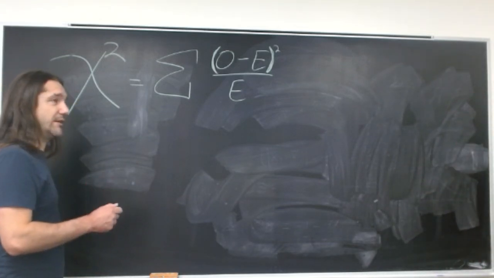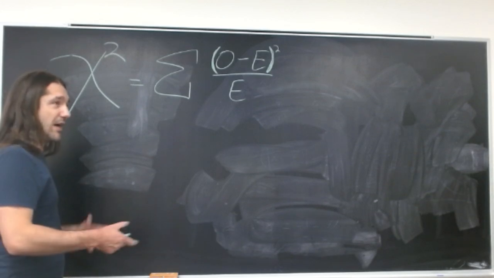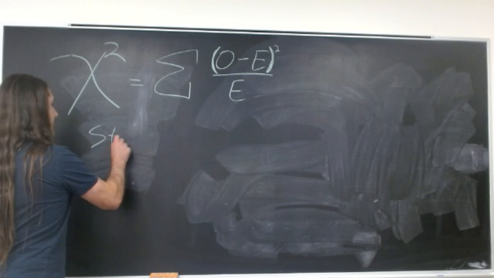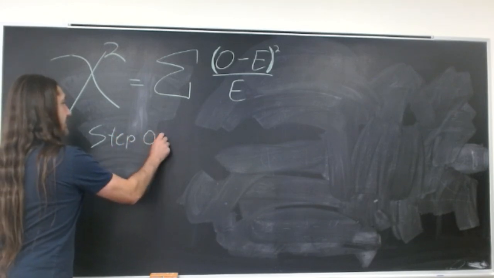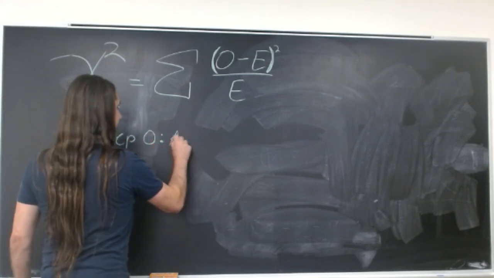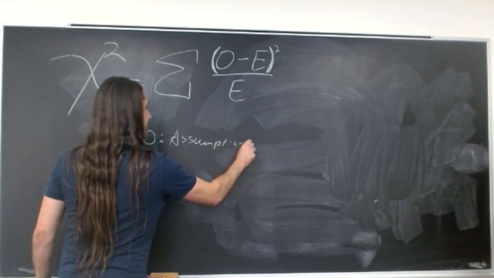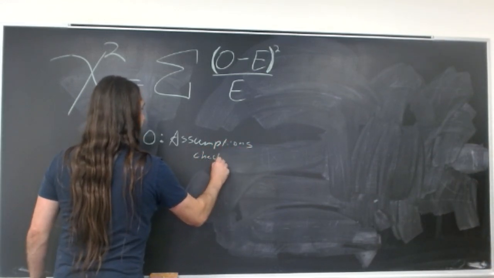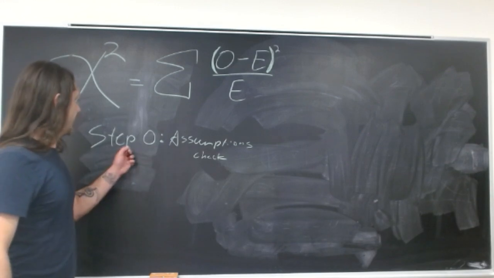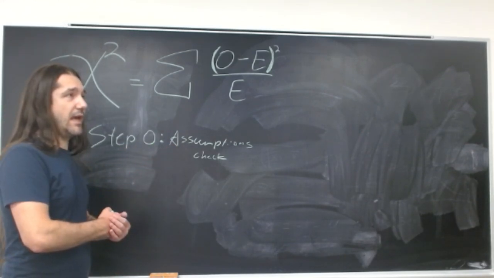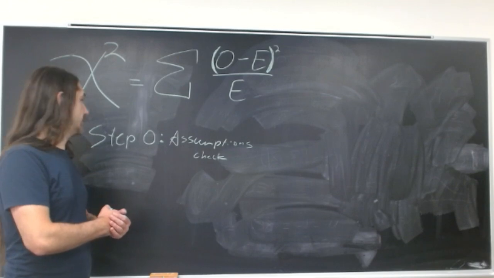So when we do our hypothesis test, we always start with a step 0, which is the assumptions check. Without this, we don't know if we can even use a test at all.